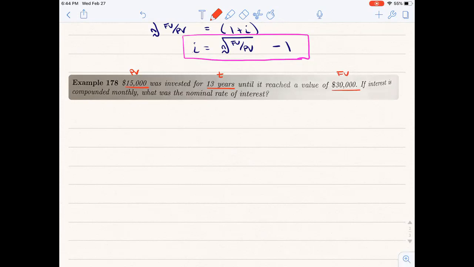If interest is compounded monthly, what that's saying is that F must be 12. Our compounding frequency is monthly, so 12. And what was the nominal rate? That's R. Keeping that in mind.